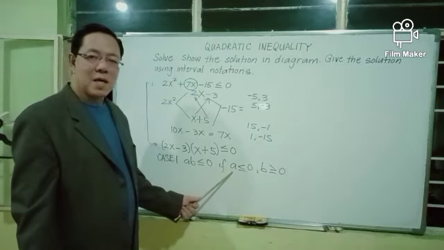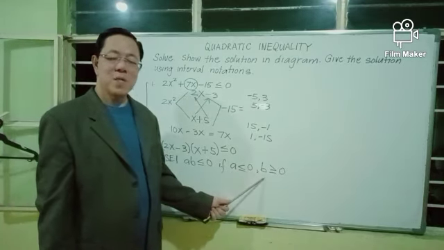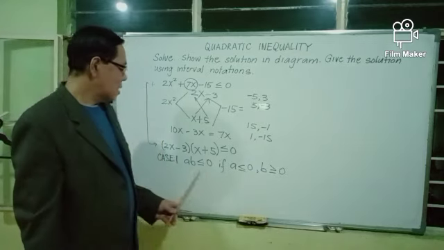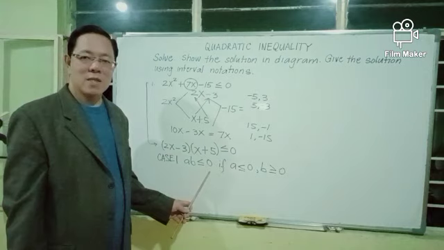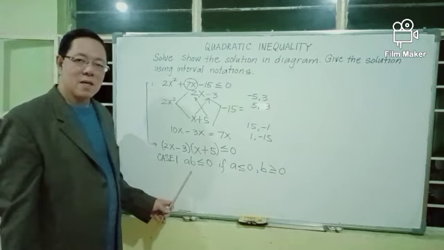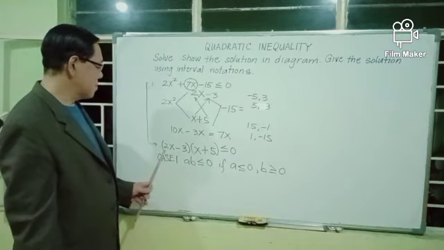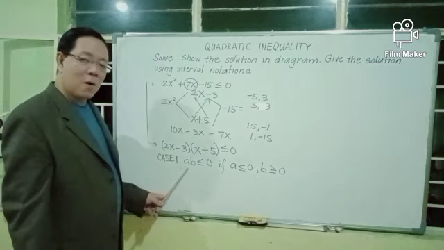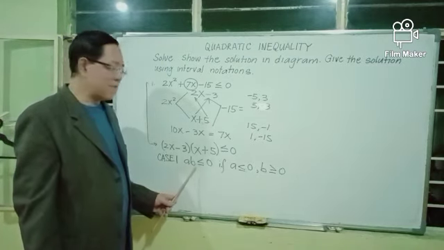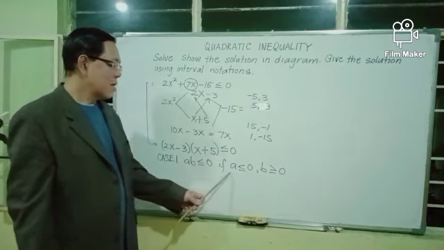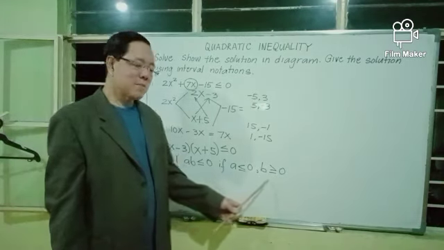Because if you multiply negative by positive, the product is negative. The product AB would be less than or equal to 0. This is the first case that we will consider, where A now is 2x minus 3 and B, the second factor, is x plus 5.